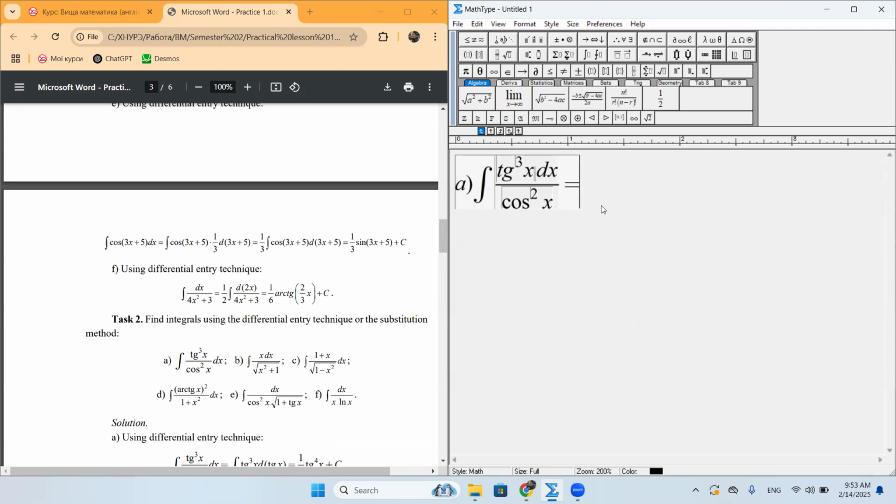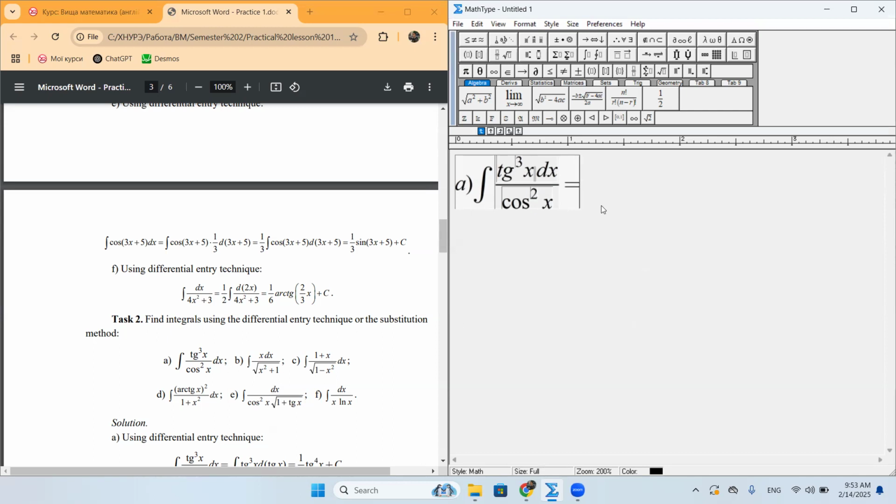Daniil, yeah? At this moment, I think that we can expand tangent as sine over cosine, and probably it helps. Well, actually, we can solve it simpler. Maxim? We can transform 1 divided by cosine square x into tangent x.